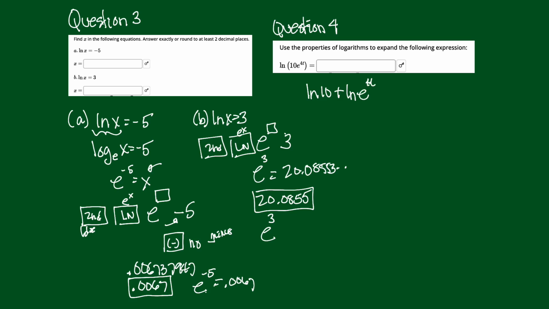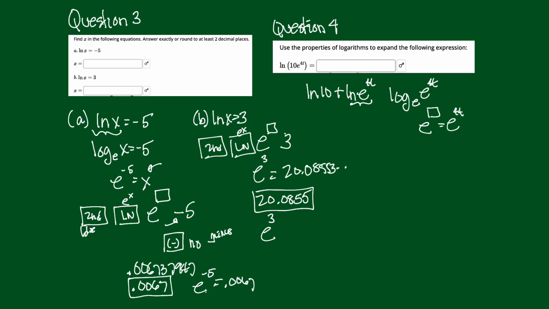But now, this part right here, the natural log of e to the 4t, let's just see it happen. So we're asking, what power would you raise e to get e to the 4t?